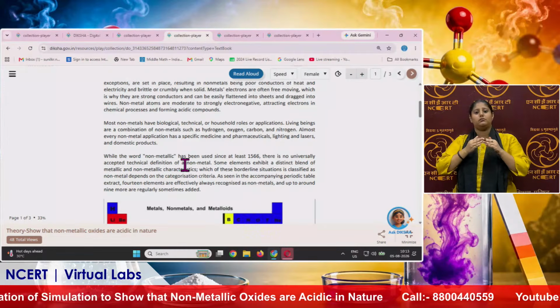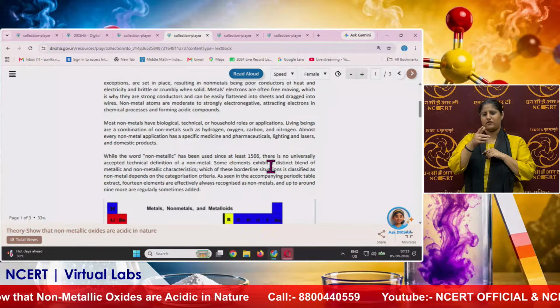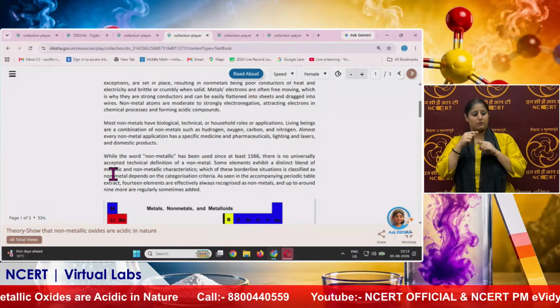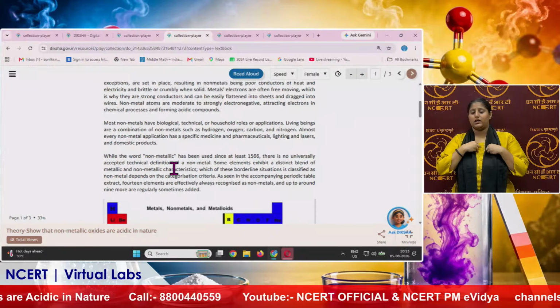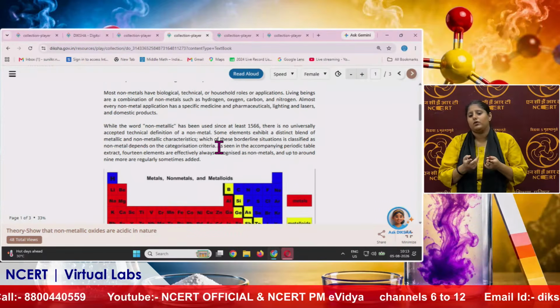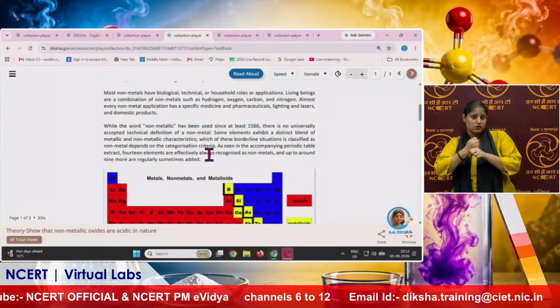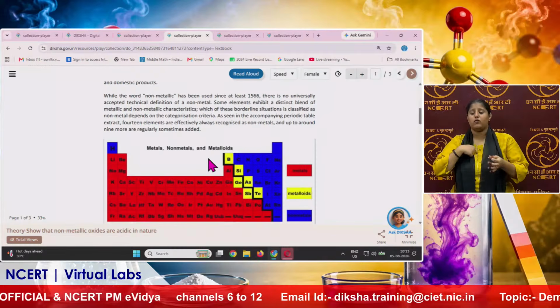While the word non-metallic has been used since at least 1566, there is no universally accepted technical definition of a non-metal. When a non-metal reacts with the oxygen present in the atmosphere, it forms a non-metal oxide.